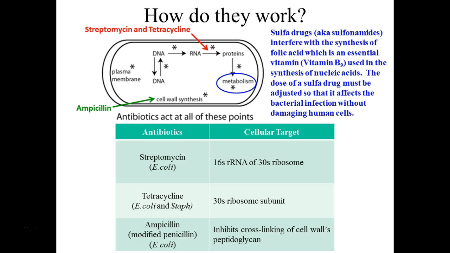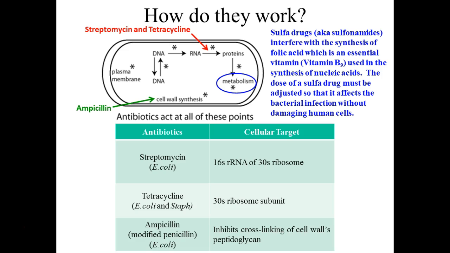So sulfa drugs interfere with that folic acid synthesis. We don't do that. We have to acquire folic acid and vitamins like that from our environment, either from the things that you eat or the microbes in your gut that are making it and you absorb it. So we don't have that metabolic pathway, so it doesn't affect us. Sulfa drugs don't affect us in our metabolism of our DNA.